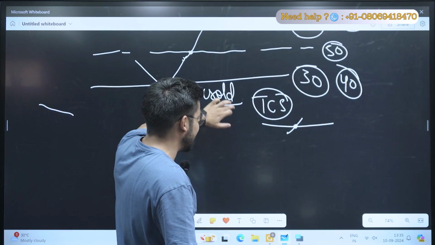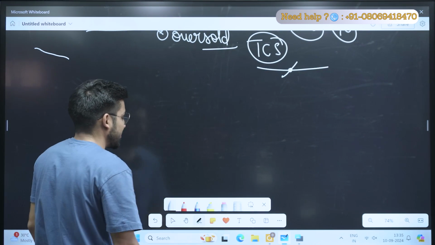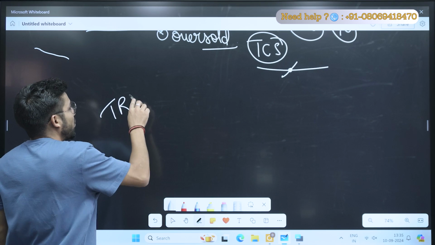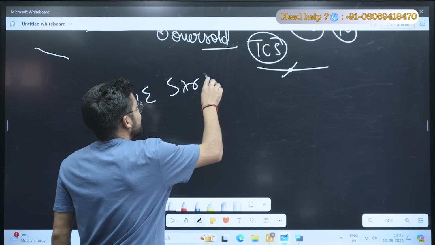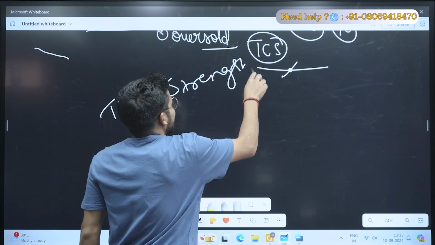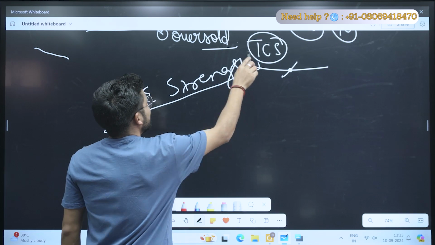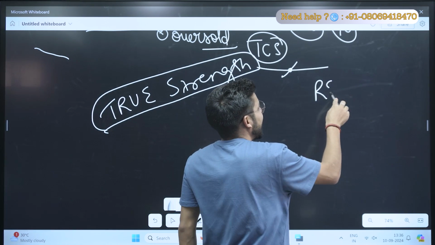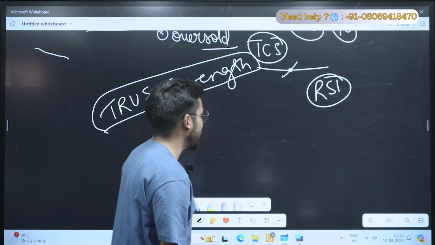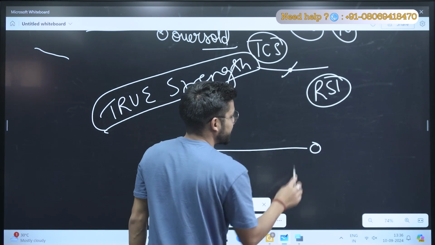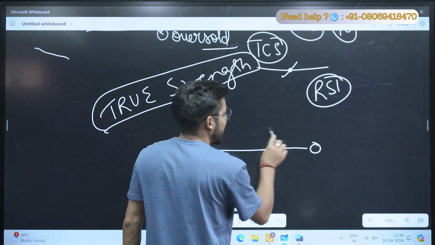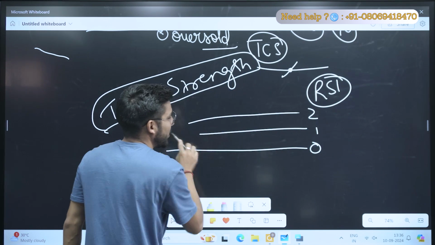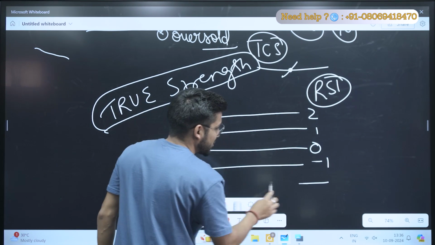Now there is one more thing, that is the true strength. What is the true strength index that we will use while finding the swing trade? Basically it also works like RSI, but there is a little catch here. For example, there are some values 0, 1, and similarly 2, and there is some -1 and -2 also.